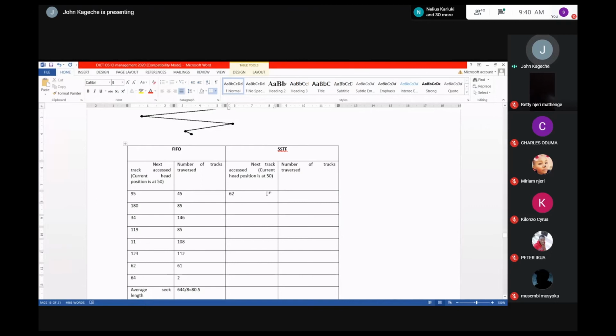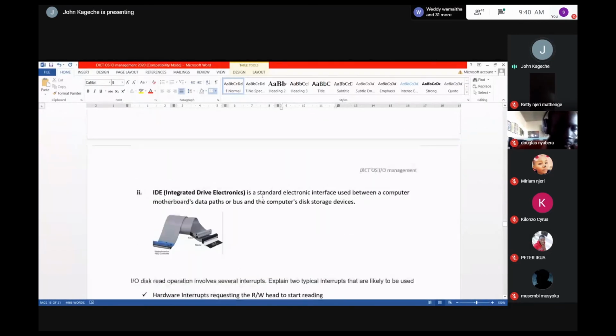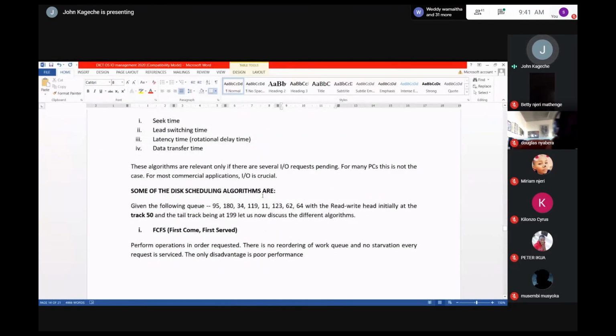62. Are we together? How many tracks will I have traversed? 12. Are we together? So I'll move now. Of course, my current head position is at 50. So 50 minus 62 is 12. Now, when you are in 62, you will come back and check again. From 62, which is the shortest distance that I can go to?